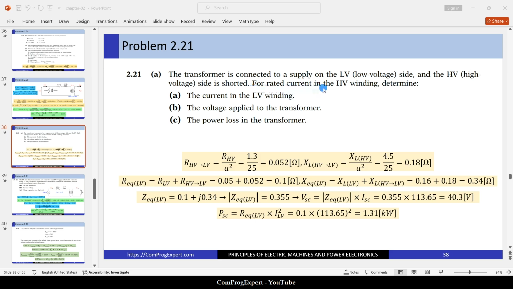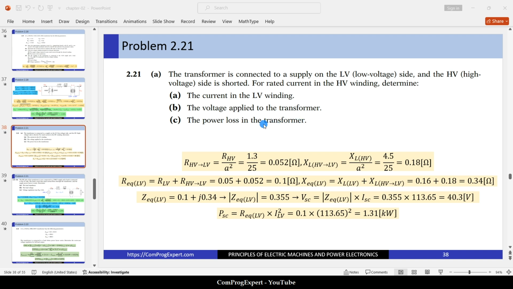For the rated current in the high voltage winding, determine A. The current in the low voltage winding, the voltage applied to the transformer, the power loss in the transformer. So, yes, we need to do calculations of a short circuit test, but considering the low voltage side.